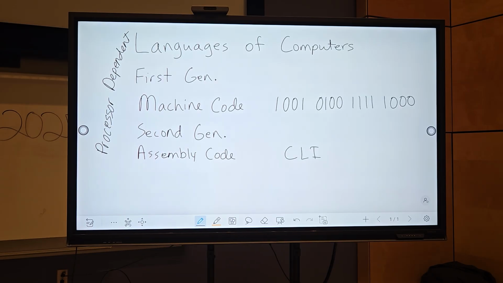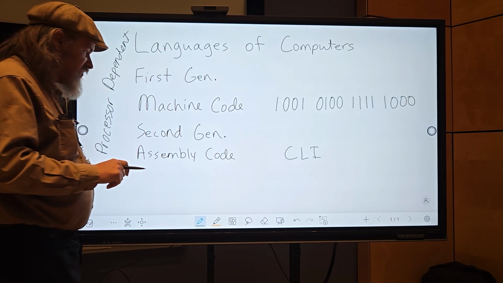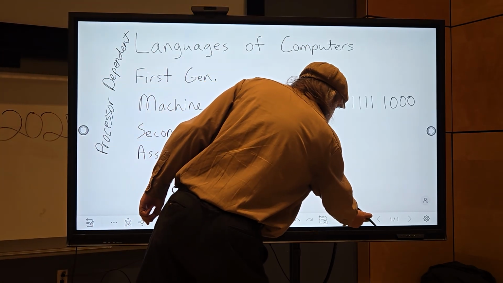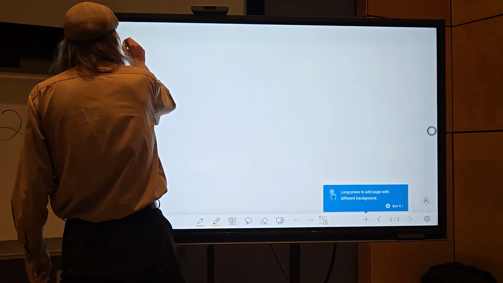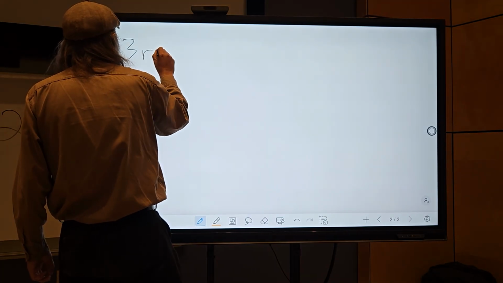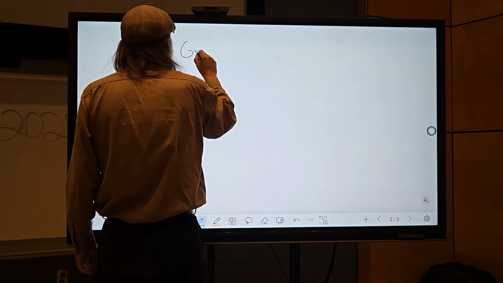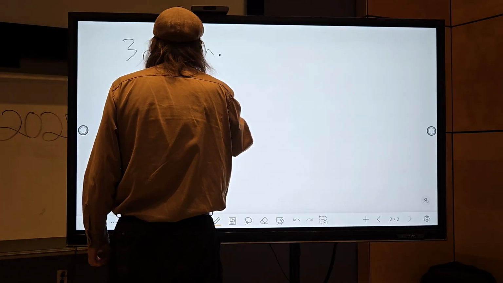So this was how computers were programmed for 10 years until third generation languages came about.